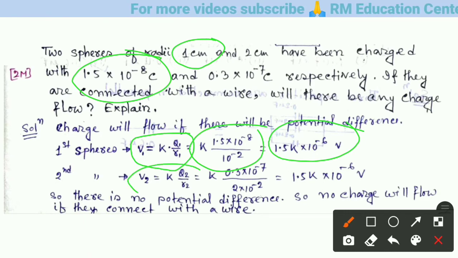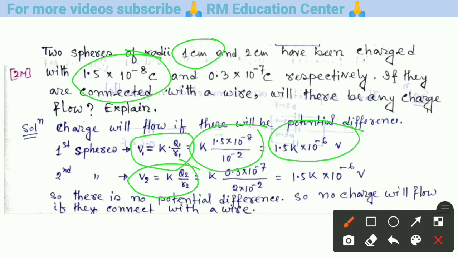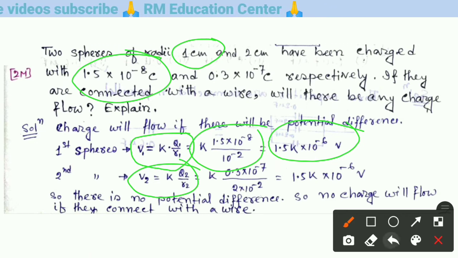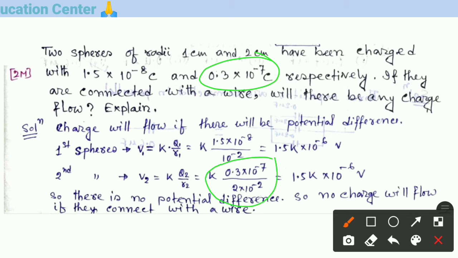For the second sphere, V2 is equal to K Q2 by R2. Now putting the value of Q2 from here and R2 from here, this is 2 centimeter, so it will be 2 into 10 to the power minus 2 meter.